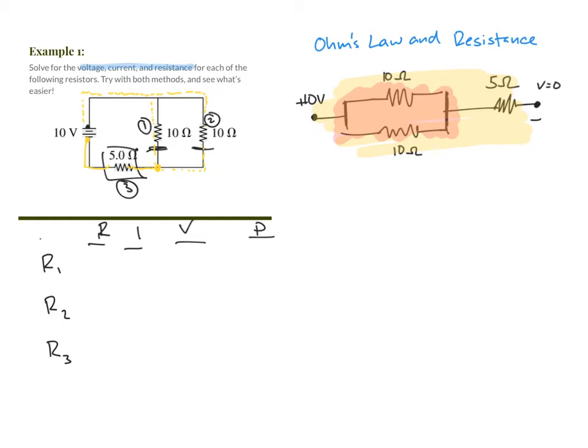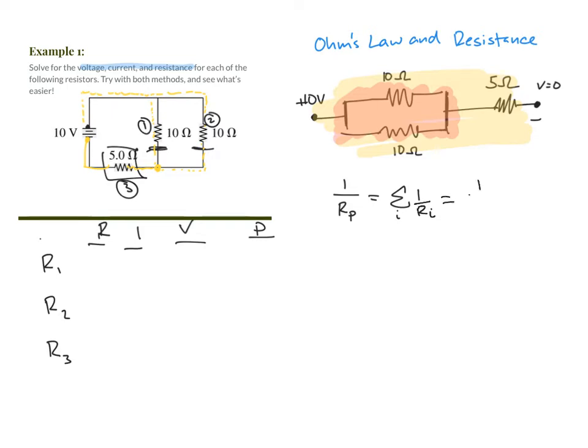Two resistors in parallel. They are parallel to each other. And you can find the total resistance of two parallel things with the equation 1 over R parallel equals the sum over i of the reciprocal of the resistors, because it's in parallel.